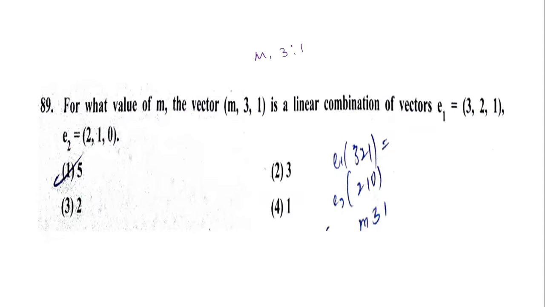They are telling linear combination: (M, 3, 1) equals alpha x plus beta y, of this type, with (3, 2, 1) and (2, 1, 0). See other options.